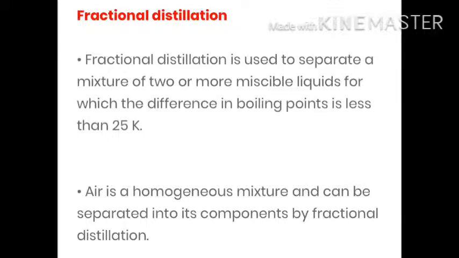Since the boiling point of nitrogen, 78% of the air by volume, is the lowest, that is minus 196 degrees Celsius or 77 K, it gets distilled first of all, followed by argon with boiling point of minus 186 degrees Celsius or 87 K, while oxygen has the highest boiling point, that is minus 183 degrees Celsius or 90 K. Therefore, it gets distilled last of all.